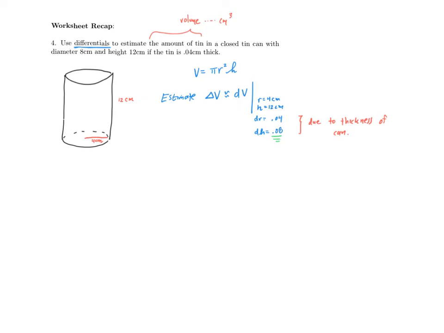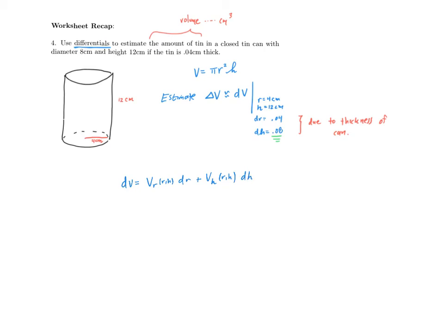And we have now translated this into a much more, I'll say, reasonable computational problem. Determine this quantity that we have indicated. So our first step is to determine what is dV. So recall dV in general is going to be given by V sub r dr plus V sub h, these partial derivatives, dh.